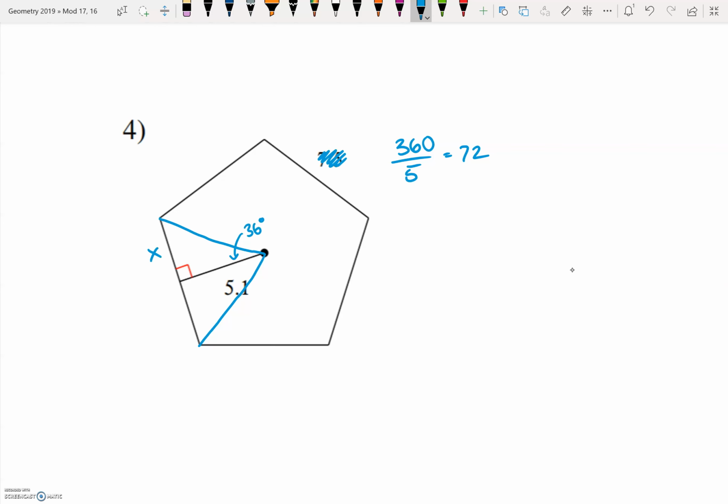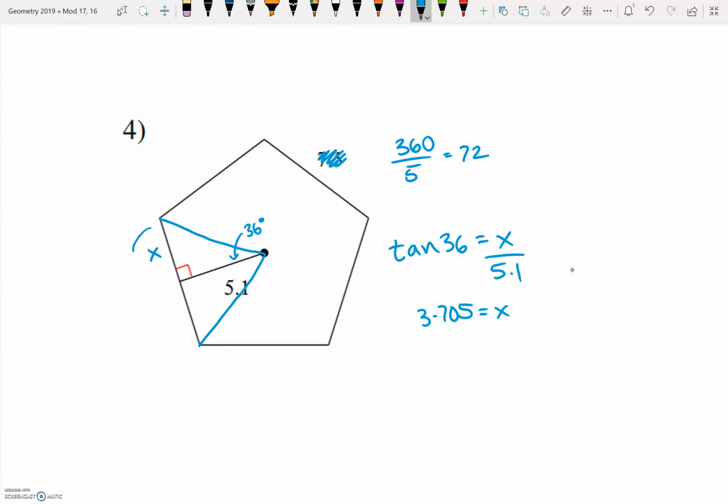So I want to figure out what this length is, so we'll use tangent once again. So the tangent of 36 degrees is opposite over adjacent, which is 5.1. So I'm going to do the tangent of 36 times 5.1, and that will give us 3.705 equals x.